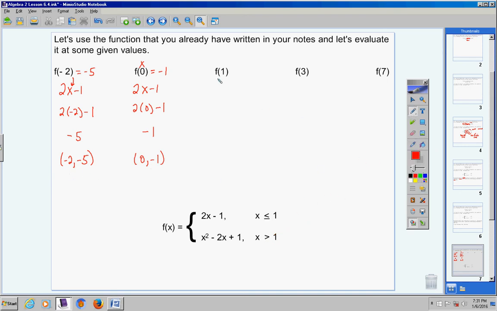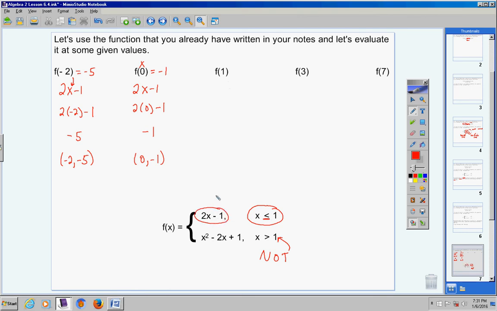Now we're dealing with f of 1. So I'm putting 1 in for x. Well, guys, notice this little equal sign right here. This constraint says all values less than or equal to 1. So 1 definitely fits in this constraint. 1 does not fit into this constraint because this constraint says all numbers greater than 1, and 1 is not greater than 1.